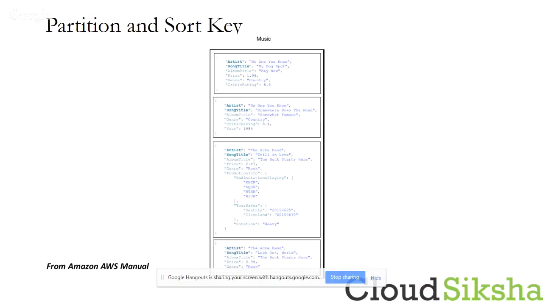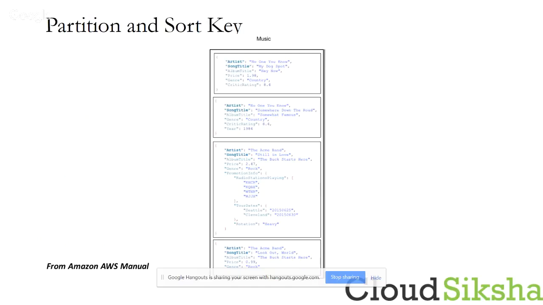Then in the case of a partition and a sort key, the partition key will determine where your data is stored, whereas the sort key, in the same partition, multiple different items are stored where the sort key will vary, and the items are stored in ascending order, right?